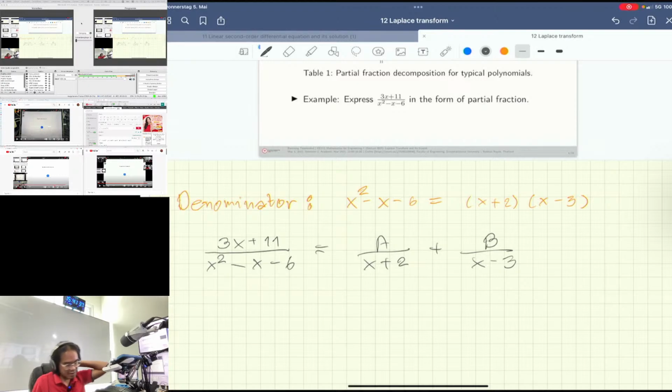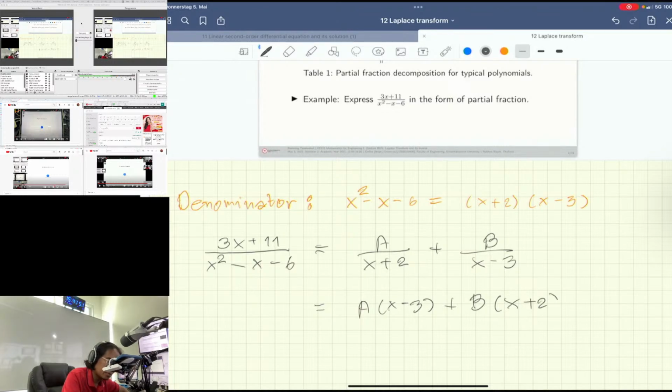And in this case, you can see that A times (x minus 3) plus B times (x plus 2) will be over (x plus 2)(x minus 3), right?